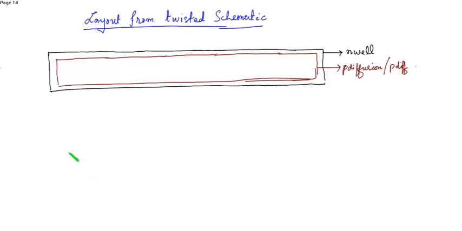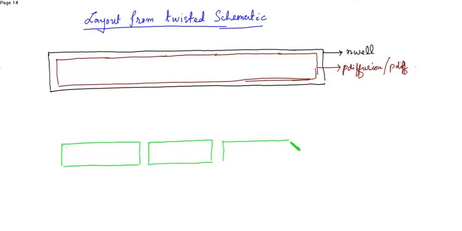So this is 1, this is 1, this is the second one, and this is the third one. This is the N diffusion layer, or you can write it as NDiff.